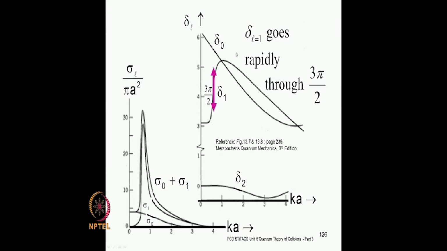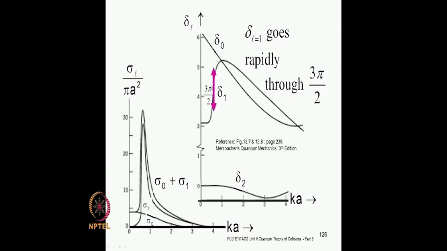The S wave phase shift is varying smoothly. This is delta 0, the S wave phase shift for L equal to 0. This changes smoothly, but for L equal to 1, the P wave phase shift in this narrow region changes rapidly through 3 pi by 2. So here the phase shift is plotted in units of pi.